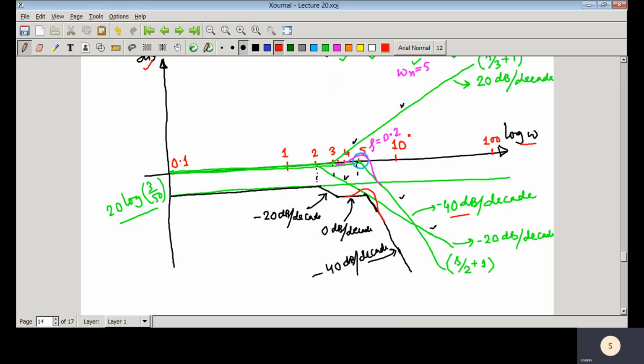And because zeta is not equal to 1, that is zeta equal to 0.2, there would be a small correction. That correction is shown here around that corner frequency. That corner frequency is 5.